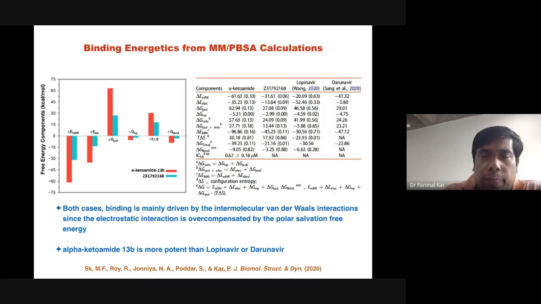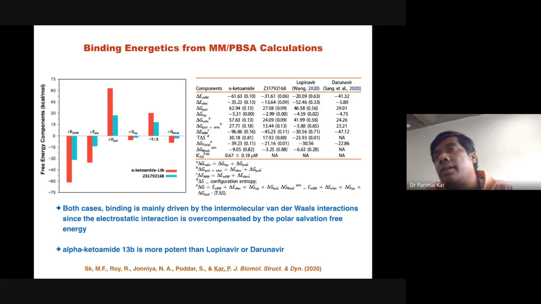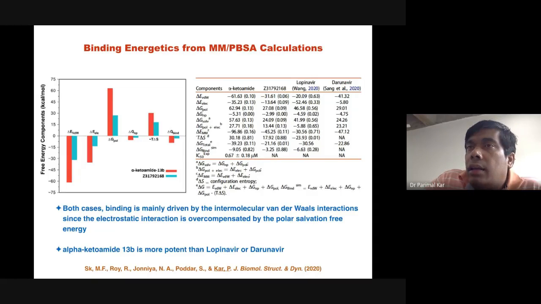So that's one thing. And then finally, we calculated the binding affinity of these two ligands using MMPBSA, and we compared with two HIV drugs, lopinavir and darunavir. If you remember, when SARS-CoV-2 broke out, people said that HIV drugs could also be used, and many people claimed that they used them successfully, although it is not that successful anyway.